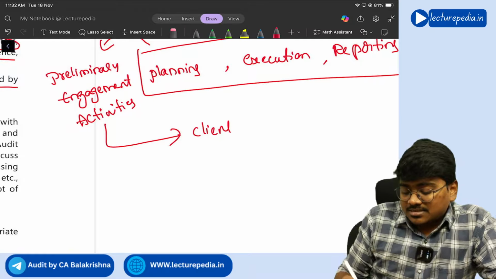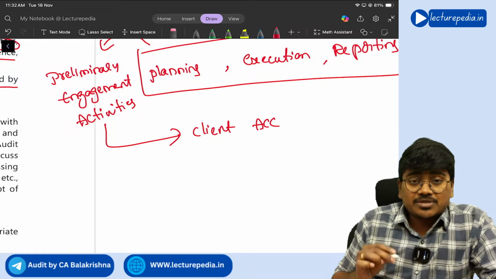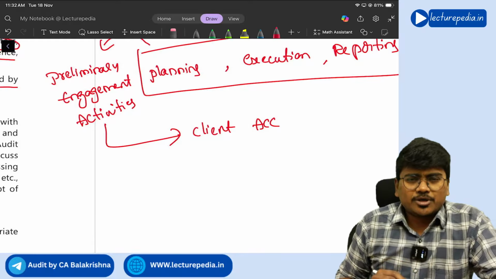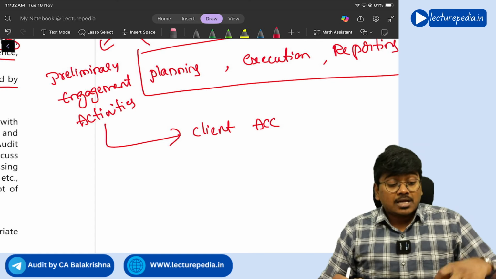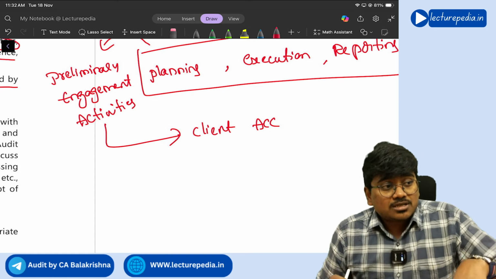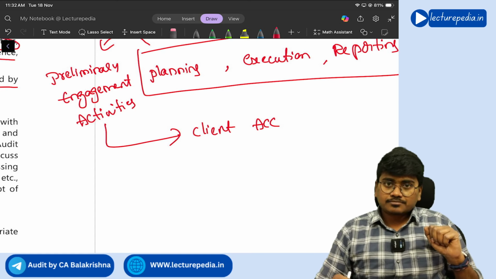Client acceptance and continuance procedure is a preliminary engagement activity that you will perform. Basically, this is discussed in SA 210. You have this concept, and you also have this in SQC 1, right?